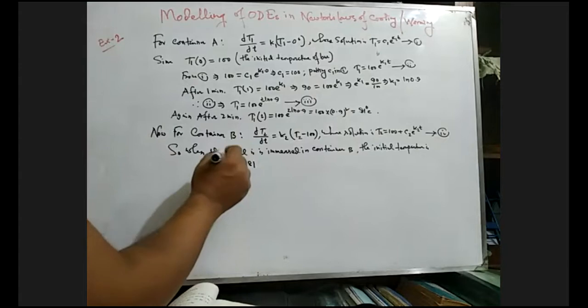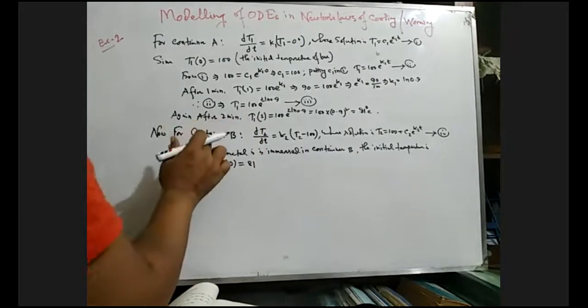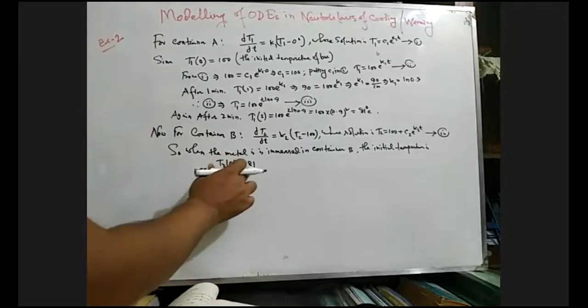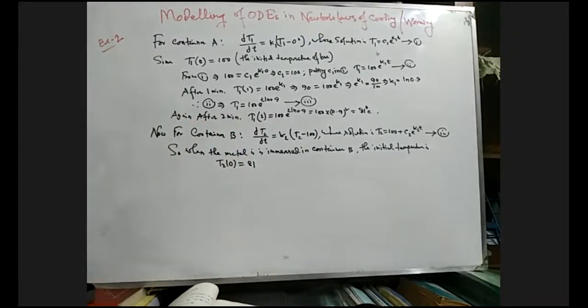This is why the initial temperature for container B at time t equals 0 is 81 degrees.